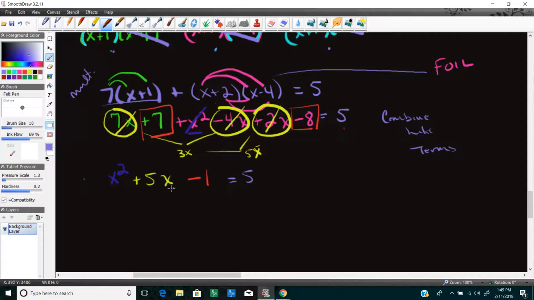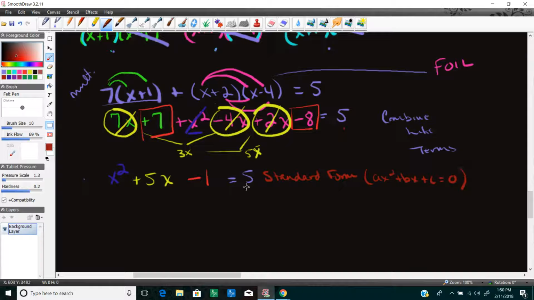So now at this point, because there's an x squared, we're probably going to have to factor or use the quadratic formula. Hopefully we can factor so we don't have to do too much work. However, before we do that, we should have this in standard form. For those of you who don't remember, standard form is ax squared plus bx plus c is equal to 0.